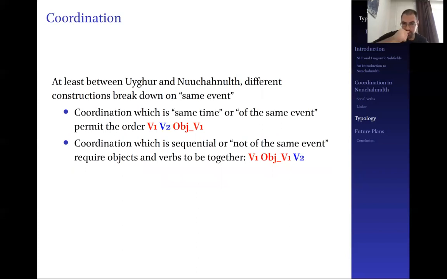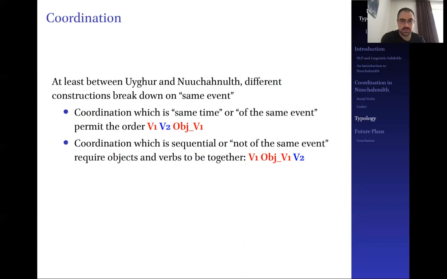So at least between Uyghur and Nuuchahnulth, different constructions break down based on the same event interpretation. So coordination, which is at the same time or of the same event, in both Uyghur and Nuuchahnulth permit this order of verb 1, verb 2, and then finally the object of the first verb.